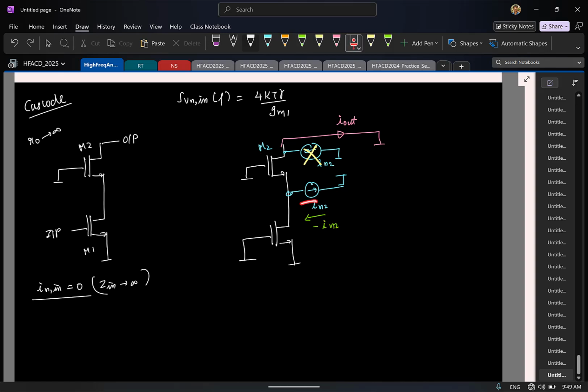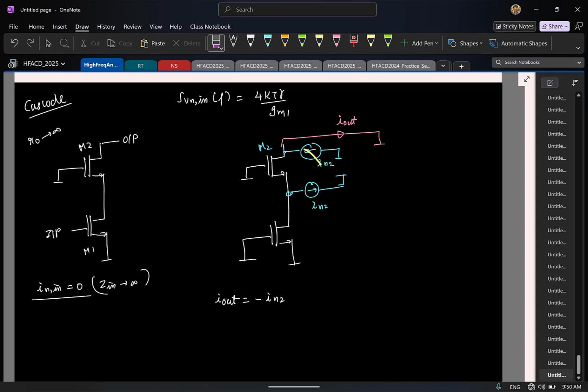I have minus IN2, that should either get divided up or down. The r0 is all infinity. So how much of this current will flow through the output? 0 or fully? Fully, right? Looking down it's infinity, so the entire current will flow up. So I out is what? That is due to the bottom current.